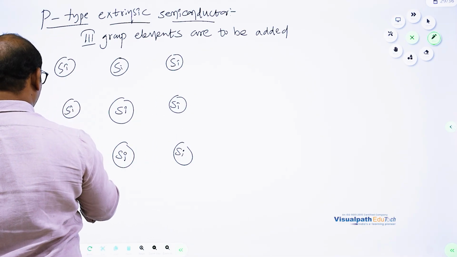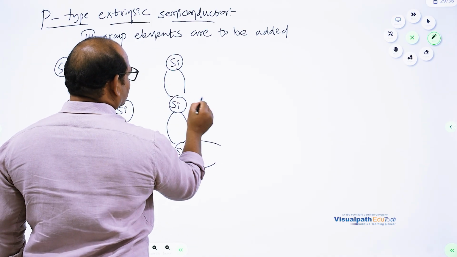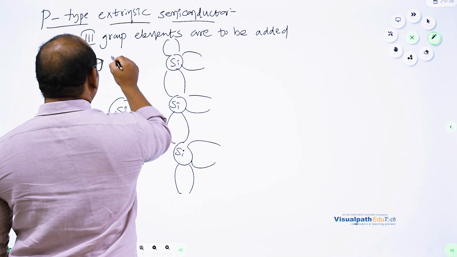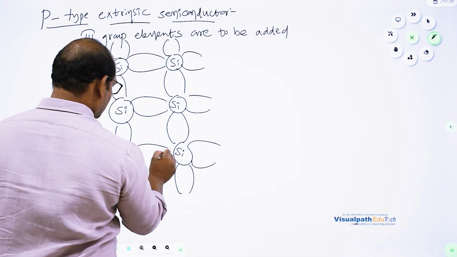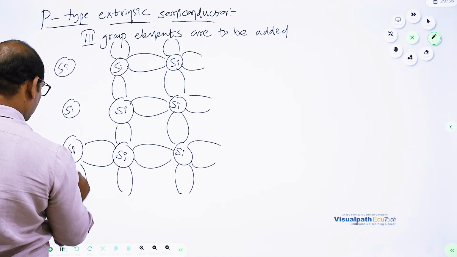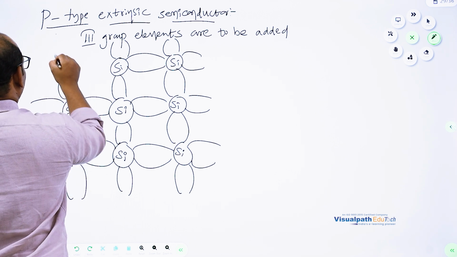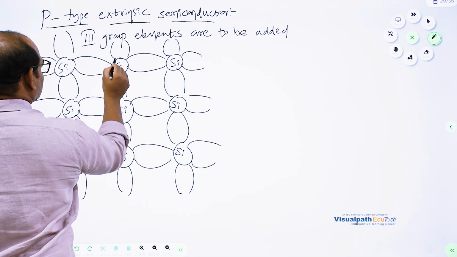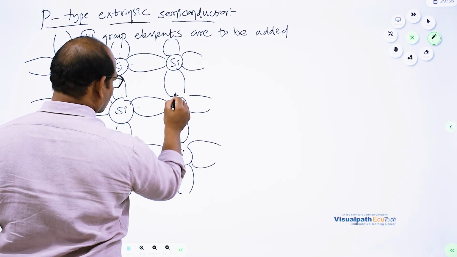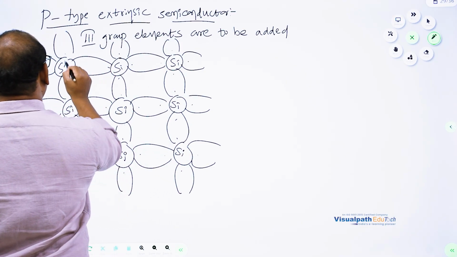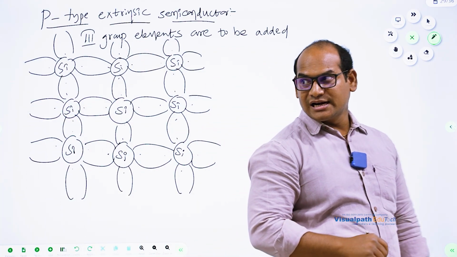This structure can be repeated and extended, but for explanation purposes we are taking it like this. So this is the pure silicon. All atoms are silicon only.